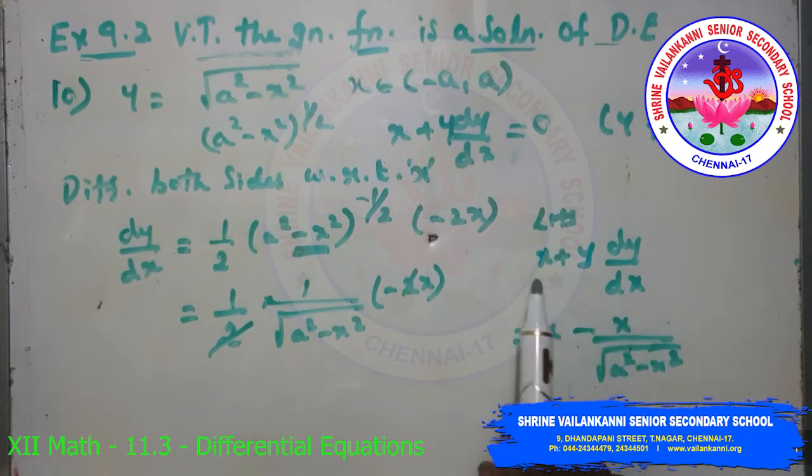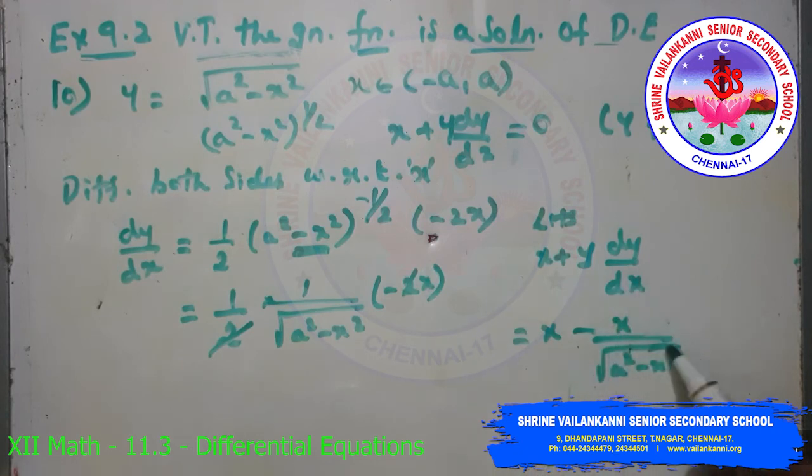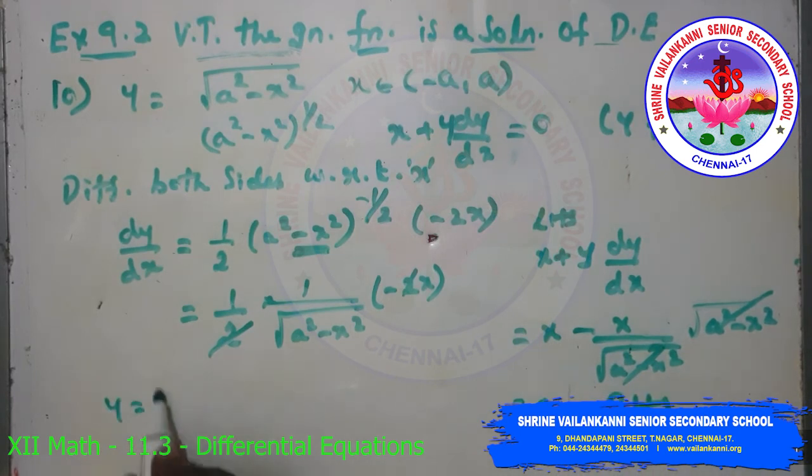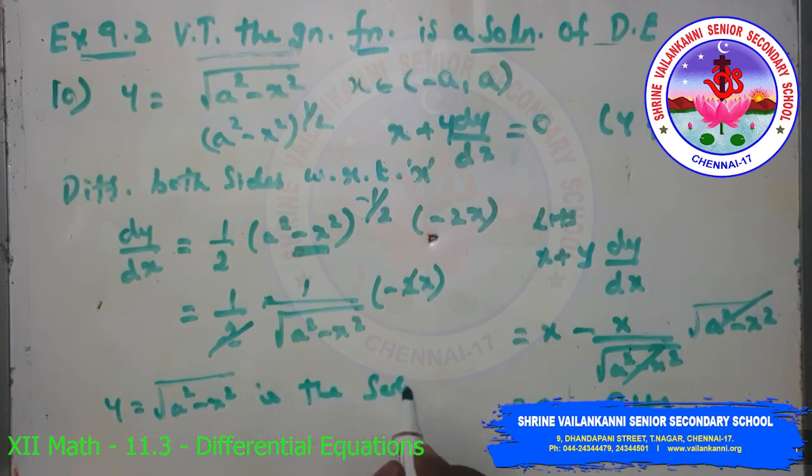Cancelling this, we have x minus x, which is equal to 0, which is our RHS. Hence y equal to root of (a square minus x square) is a solution of the differential equation x plus y into dy by dx equal to 0.